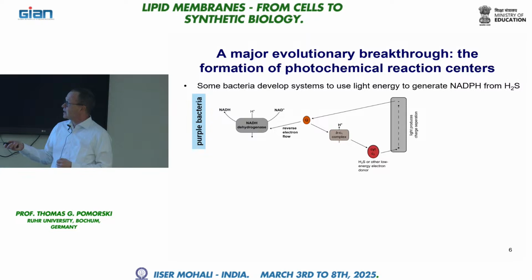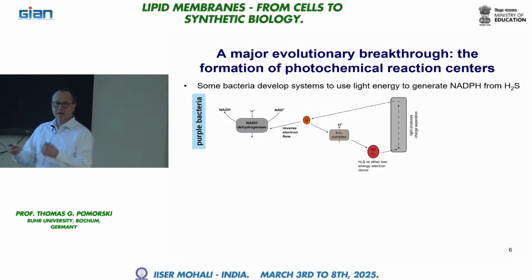So these bacteria use a trick. They have a light-harvesting protein system that steals electrons from hydrogen sulfide. That's a substance where the electrons are not easily available, and then they are energized by the light, so they get energy-rich electrons, and these energy-rich electrons can drive a proton pump.